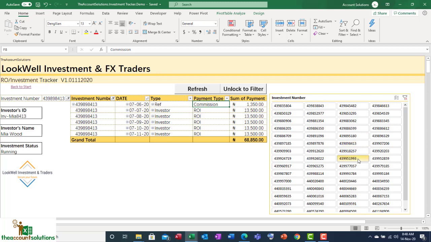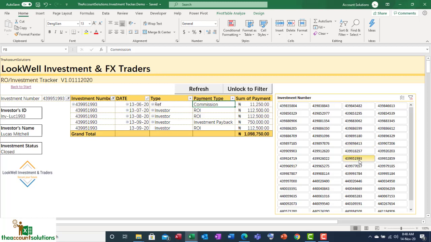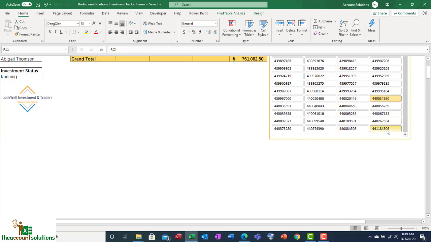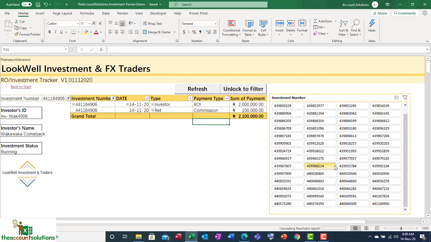So you can see all of them. This one is closed. Lucas Mitchell, we've paid the commission to the referrer. We've paid 3 ROI, and we've paid investment back to the investor. So this person did not roll over. The money was paid back to the investor. So that's how you check all this stuff.